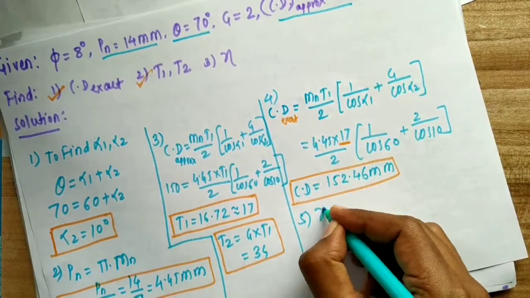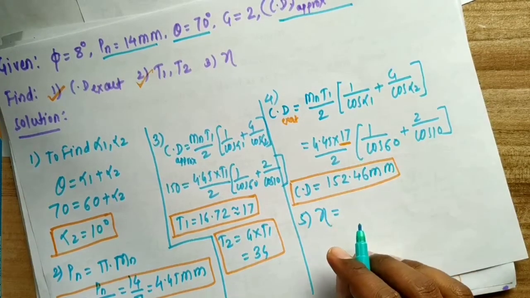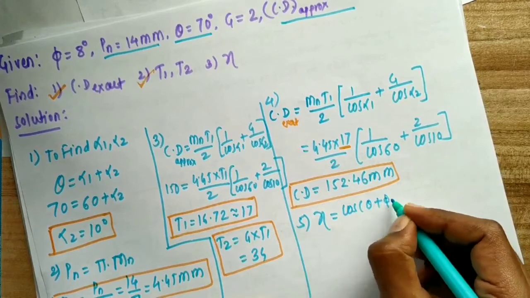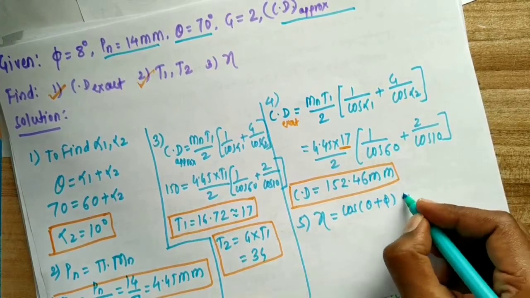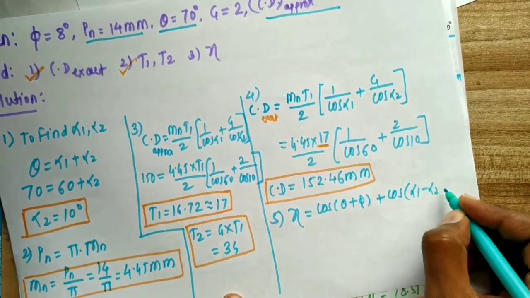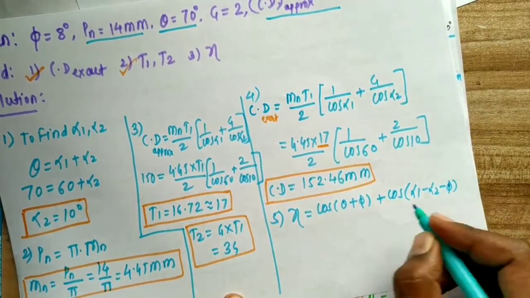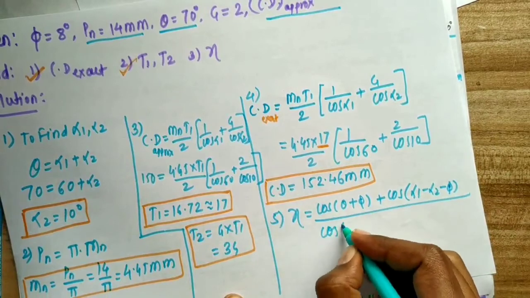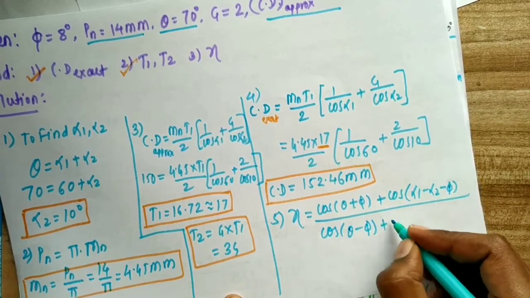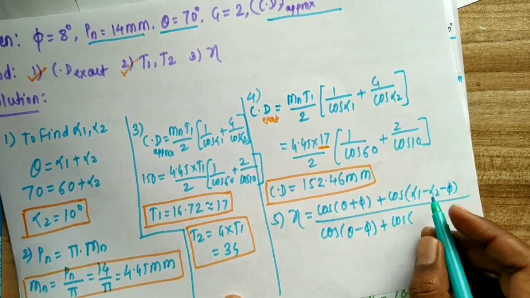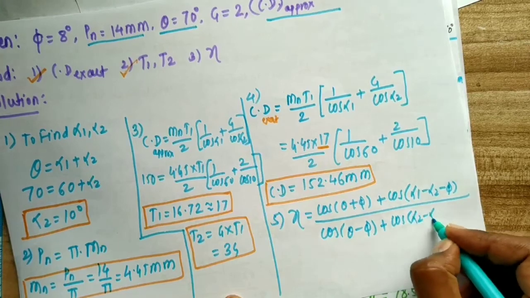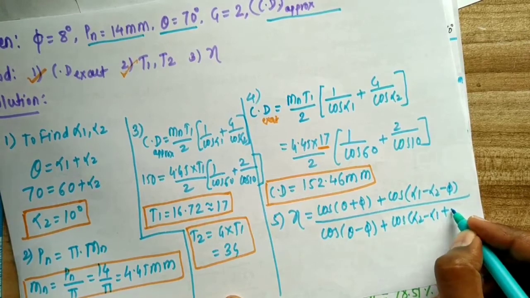So efficiency is equal to, we know the formula for efficiency, that is cos of theta plus phi in the numerator, plus cos of alpha 1 minus alpha 2 minus phi, upon cos of theta plus phi. Here it will be theta minus phi in the numerator, plus phi in the denominator, upon cos of alpha 1 minus alpha 2 minus phi. Here it is alpha 2 minus alpha 1 plus phi, one and the same.